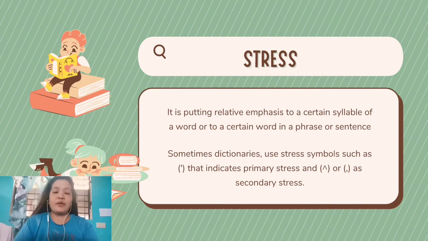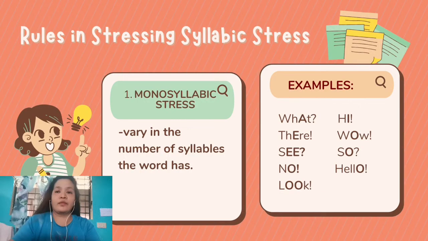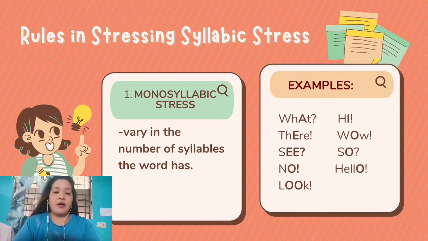The stressing of the syllables in a word or within a sentence usually follows certain rules. Now let's go to the rules in syllabic stress. The first one is monosyllabic stress. The rules in syllabic stressing vary in the number of syllables a word has.